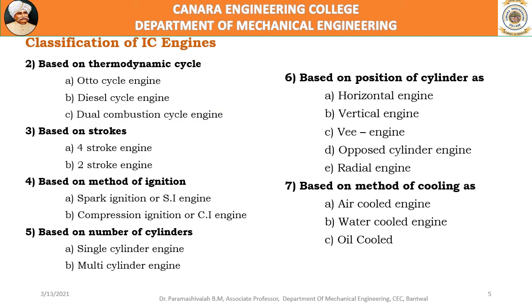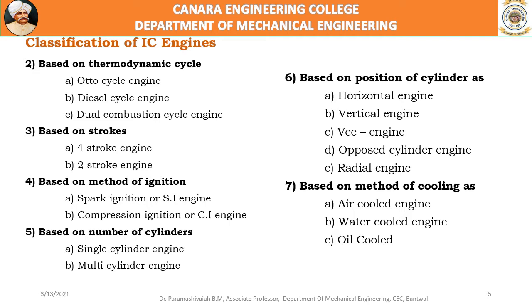Then classification of IC engines based on the thermodynamic cycle adopted in the working of the cycle. We can classify into Otto cycle engine, diesel cycle engine, and dual combustion cycle engines. Then based on the number of strokes, the IC engines can be classified into four-stroke engines and two-stroke engines.